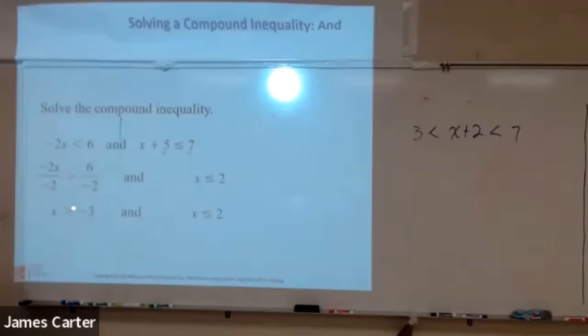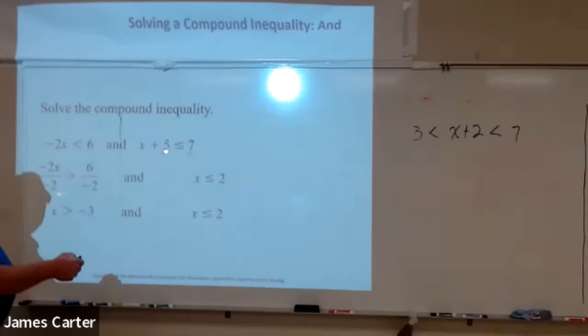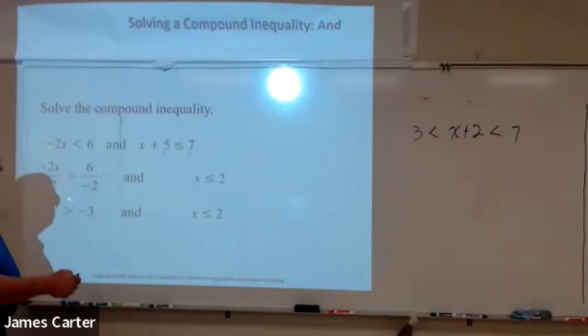So I've got x is greater than -3. Over here, I've got this add-on 5. So I've got to move it over there as the first step. So I do that, and I get x less than or equal to 2.